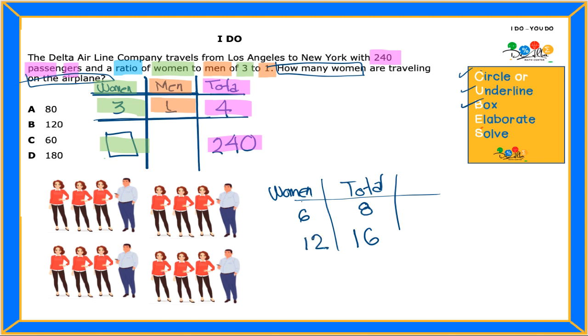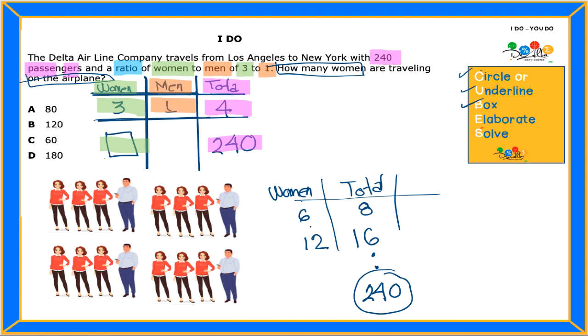Okay, but I haven't got to a total of 240. You see that? That's what we're trying to do. So we're going to repeat the original given group. It keeps repeating. So the same quantity that women increase, the same quantity that the original men increases. When do we stop? When we reach 240 in total.